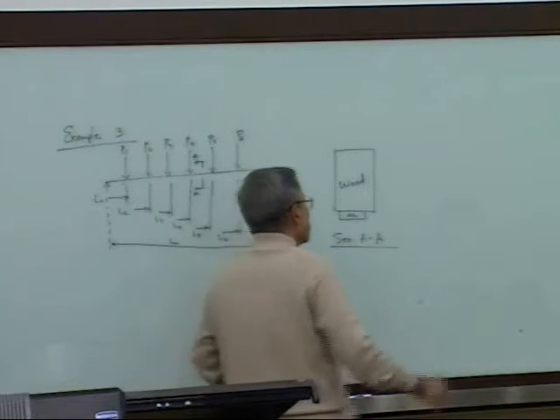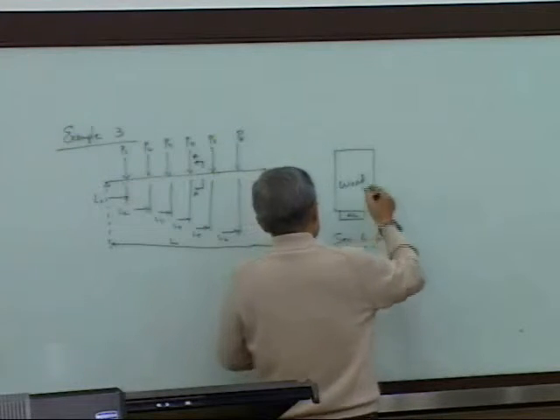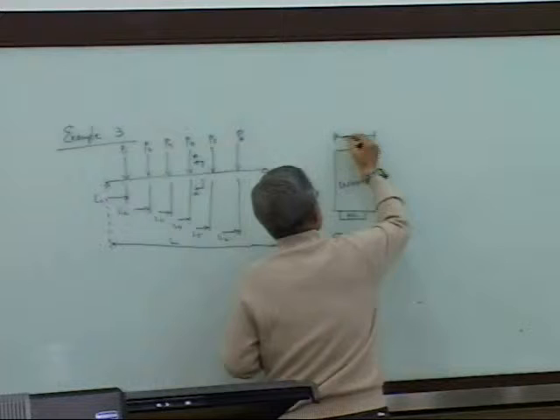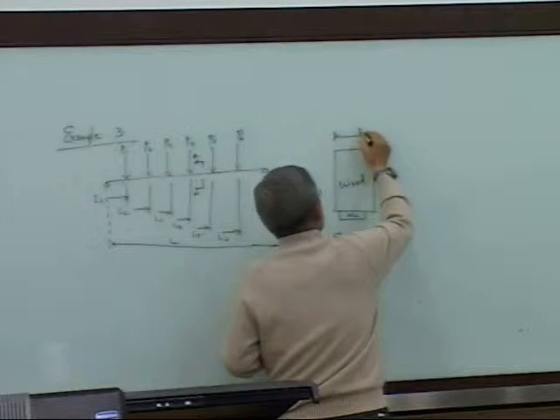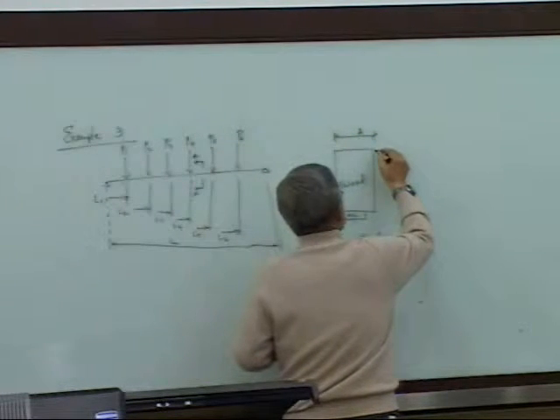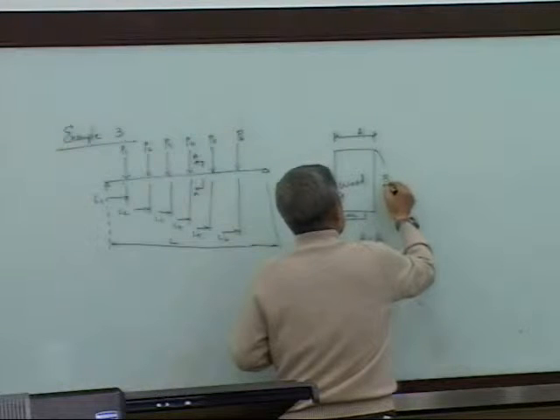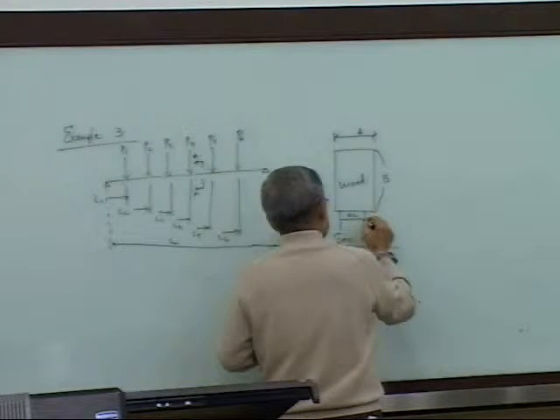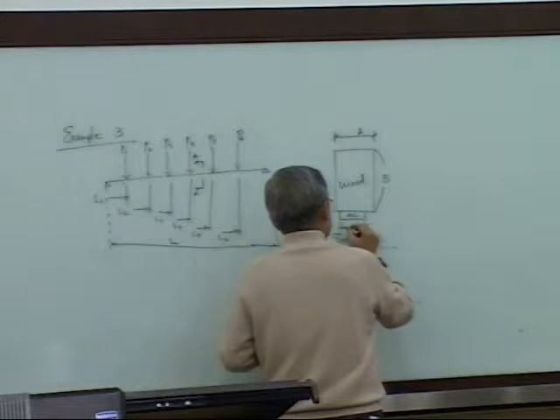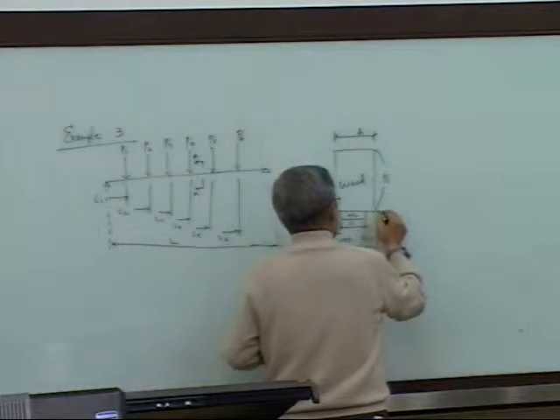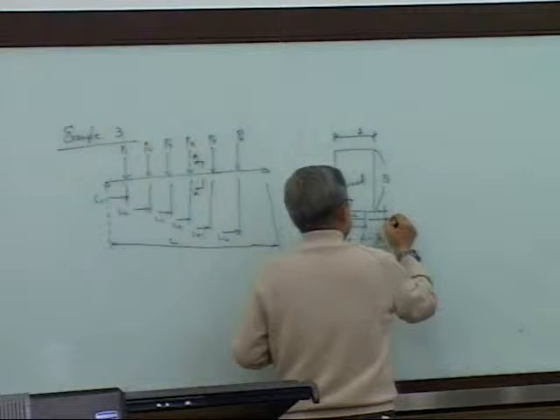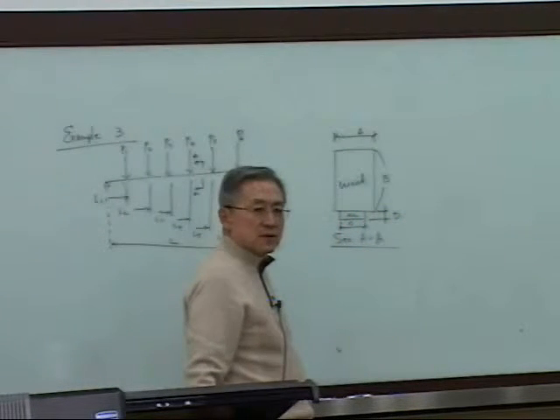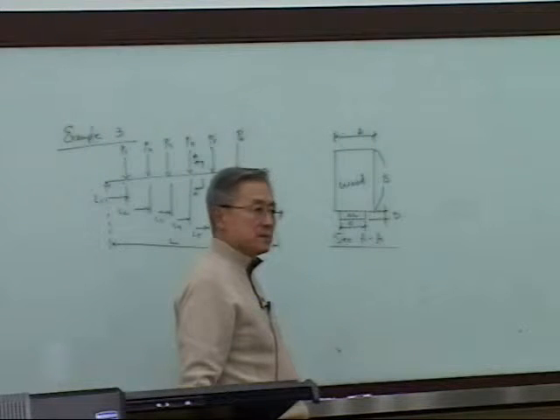Okay? And the dimensions: this is A, this is B, this is C, and this is D. It's all random.